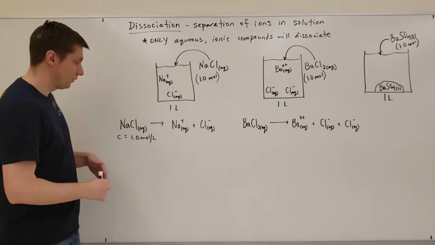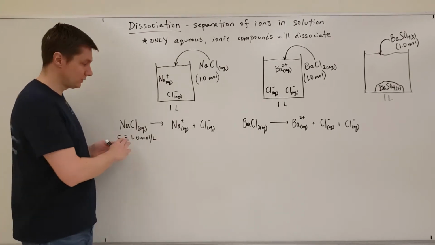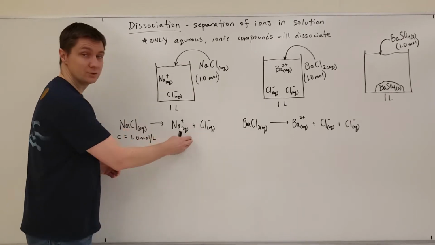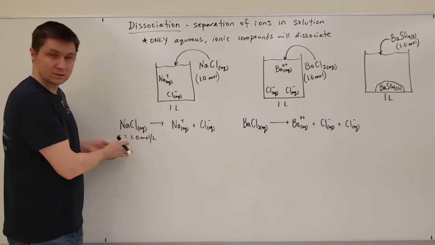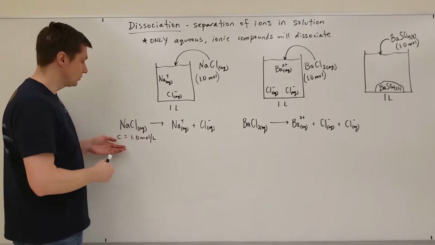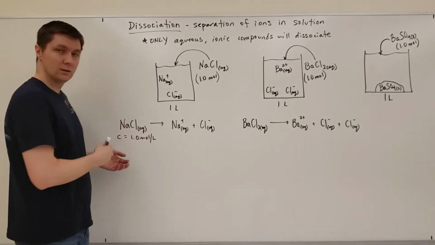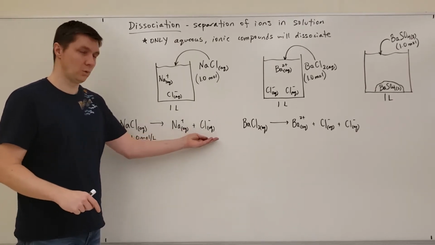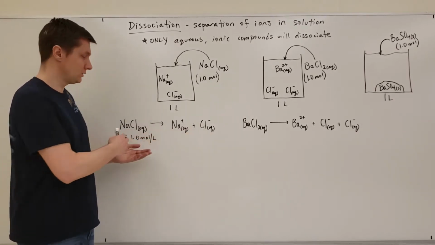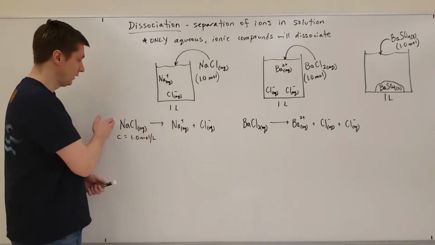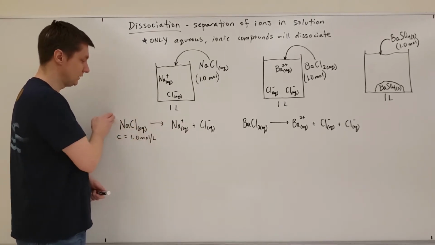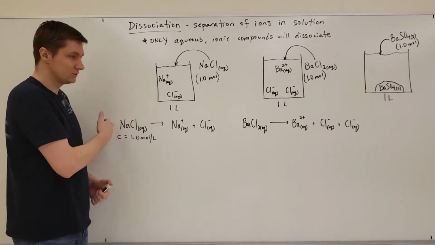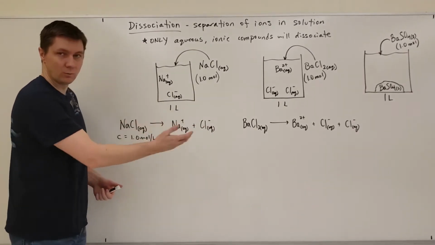Now, what we need to understand is we can also determine really easily what the concentrations are of these 2 ions based on the concentration of this substance. So if I have 1 sodium chloride molecule, that's going to give me 1 sodium ion and 1 chloride ion. And so the concentrations here are just going to carry over using these coefficients. You can see that if I've got 1 molecule or 1 mole or 100 moles, it doesn't matter, the ratio carries over.